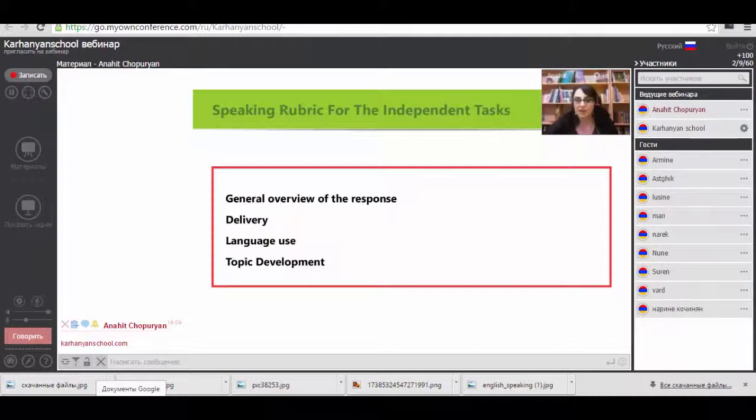Using sophisticated vocabulary and complex, compound grammatical structures is of immense importance. Then topic development: whether it is coherent and cohesive, and whether the flow between the ideas is clear and understandable.